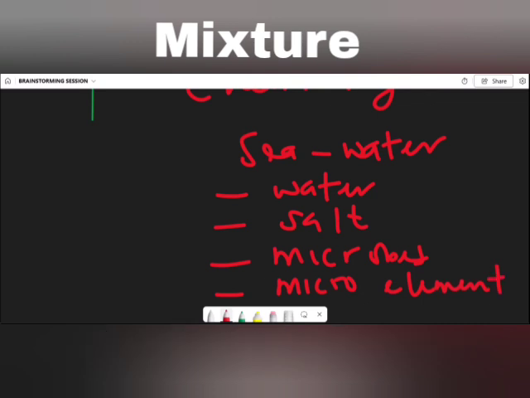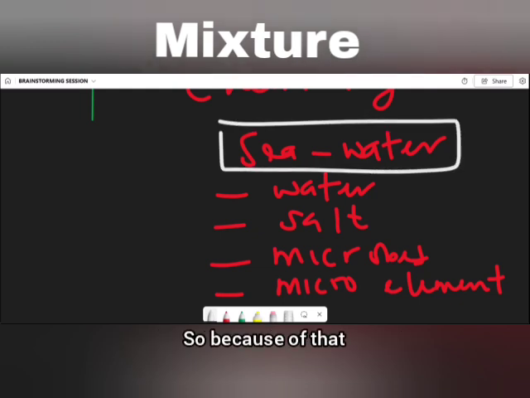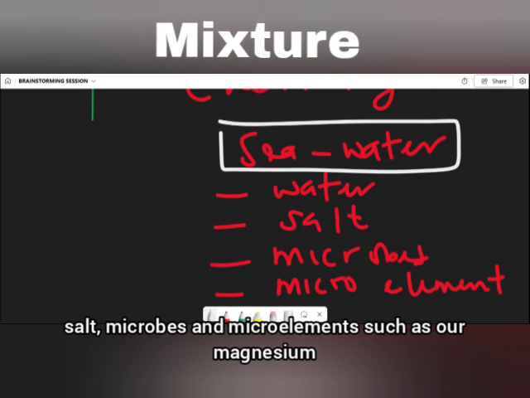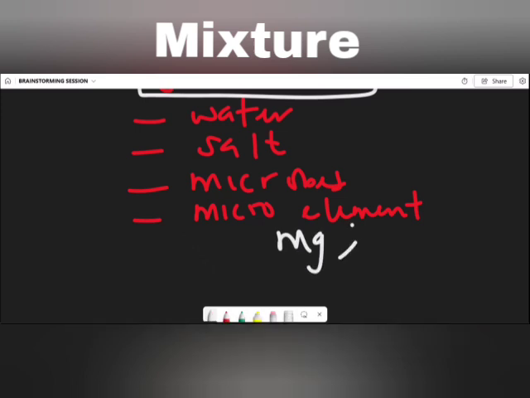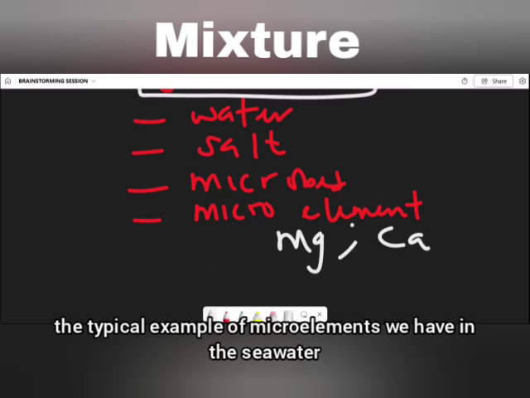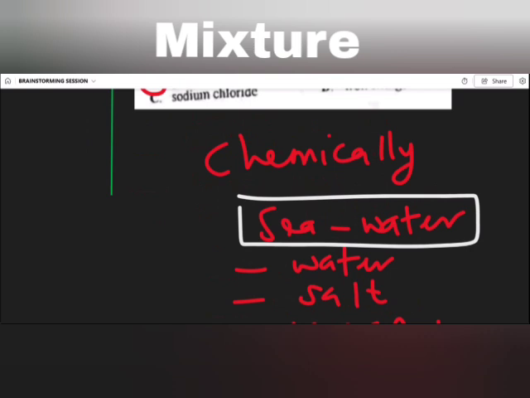You can see all these are mixed together to form our seawater. So seawater is a mixture of water, salt, microbes, and trace elements, such as magnesium and calcium. They are typical examples of micro elements we have in seawater. So seawater is a mixture.